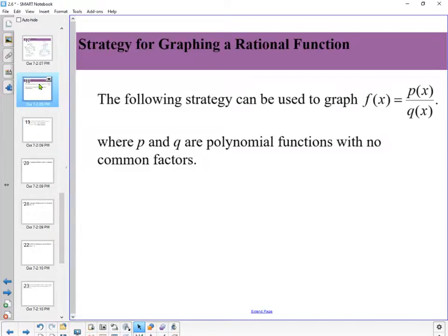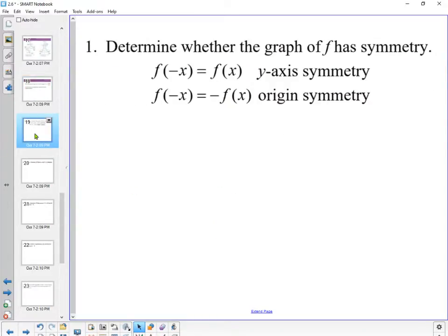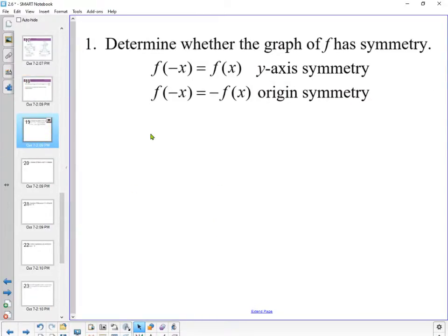Did we do symmetries? No. Okay, so strategy for graphing them. There's not really a strategy there. So I don't know what that's supposed to be about. I don't think I have anything in there. I feel like everything's peeled. Okay, there's no strategies. You're on your own.